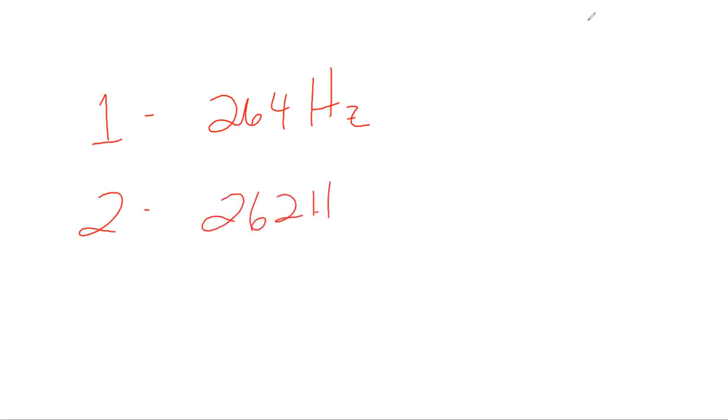All right. So now let's see if we can apply this to a tuning fork. If fork one vibrates at 264 hertz and fork two vibrates at 262 hertz, they are going to be in sync 2 times per second.